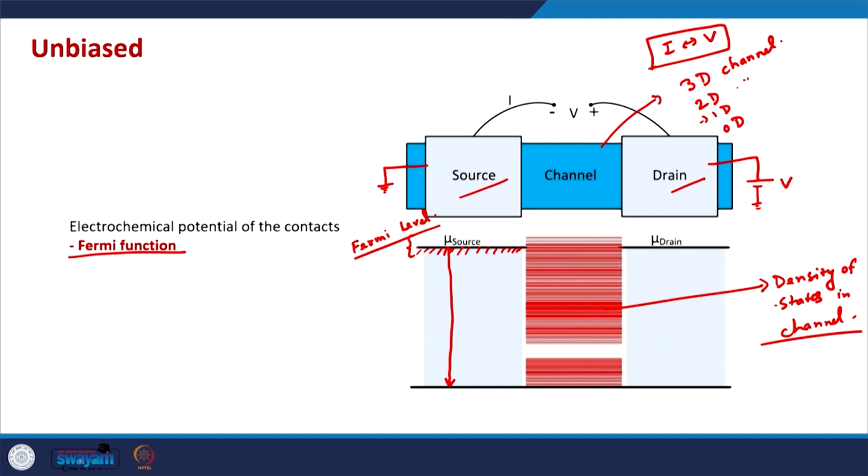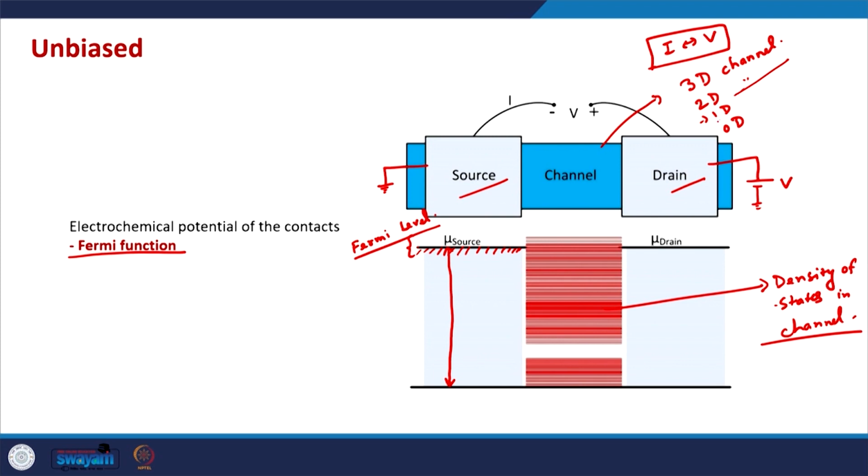By 2D channel, we mean something like a graphene nanoribbon, where the extent in one dimension is very small as compared to the extent in the other two dimensions.